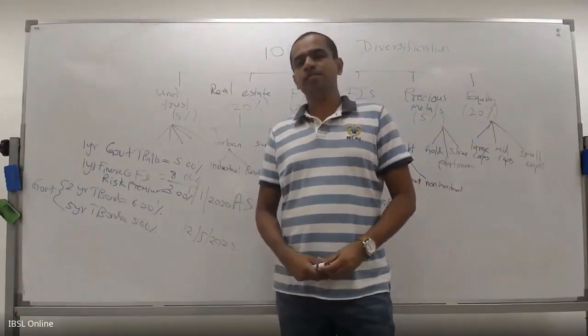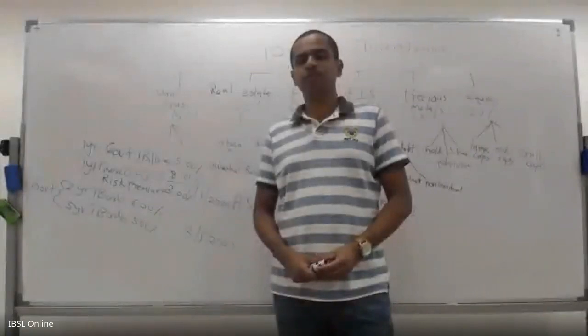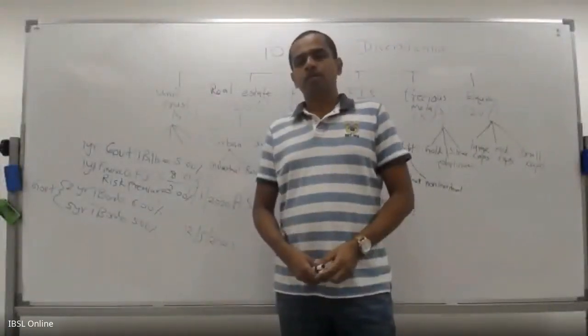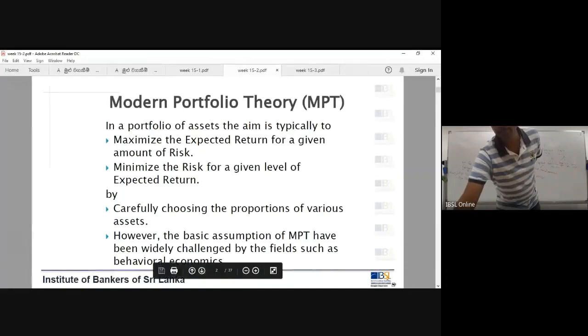So you maximize the expected return for a given amount of risk or minimize the risk for a given level of expected return, by carefully choosing the proportions of various assets. However, the basic assumption of modern portfolio theory has been widely challenged by fields such as behavioral economics.